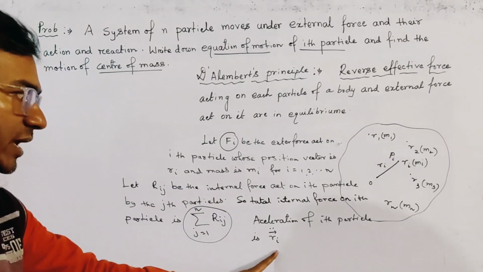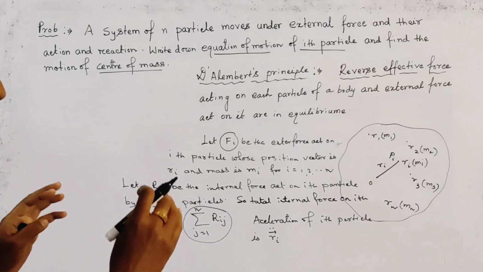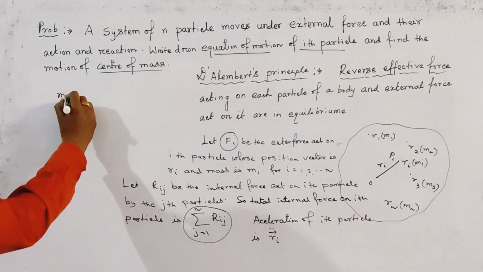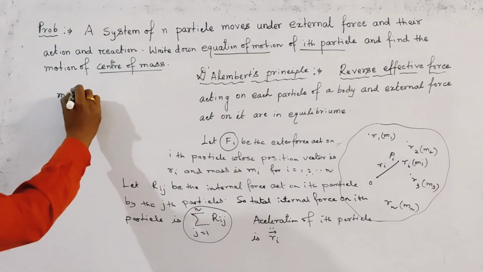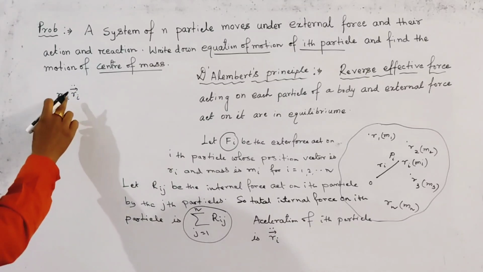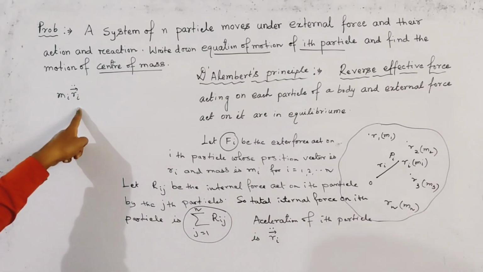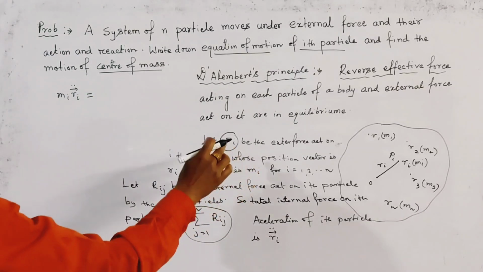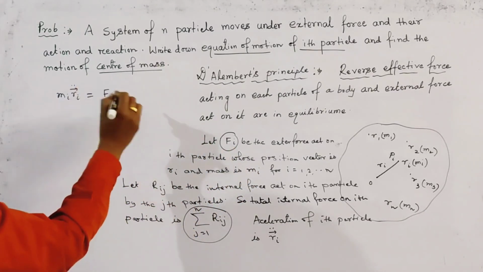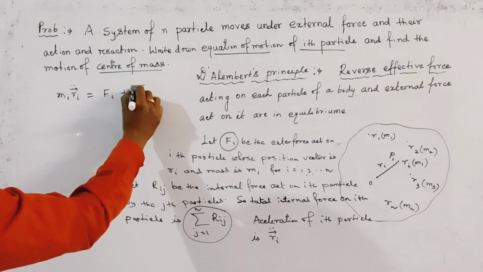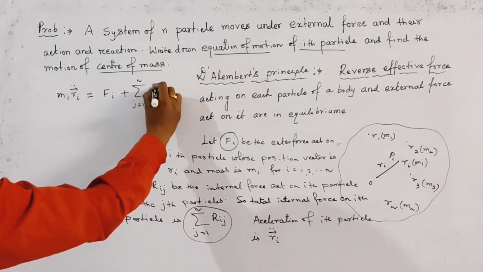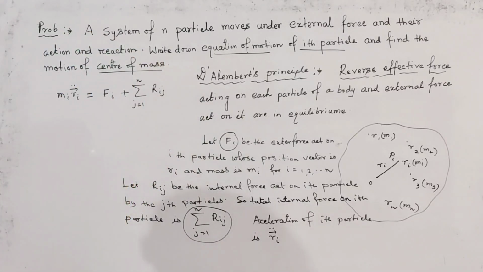So we write the equation of motion of the ith particle as Mi Ri vector double dot, mass times acceleration, equals the total force on the ith particle, Fi plus summation j equal to 1 to n of Rij.